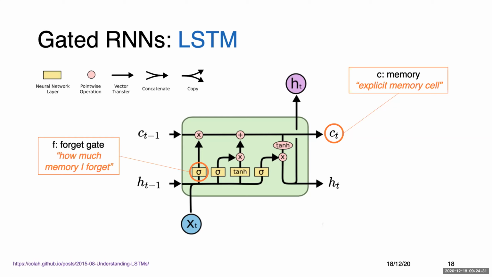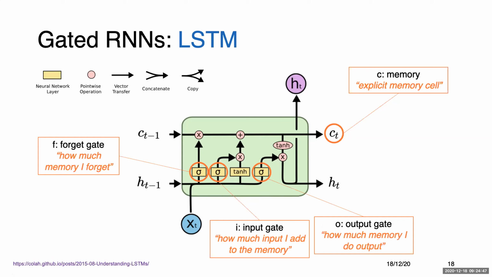We're gonna have an input gate, which is how much input I add to the memory, and an output gate, which is how much memory I output as the hidden state. So be sure to check the blog post for much more details, but in principle, if you get the underlying intuition behind recurrent neural networks, gated recurrent neural networks are just a practical way to solve the problem of vanishing gradient.